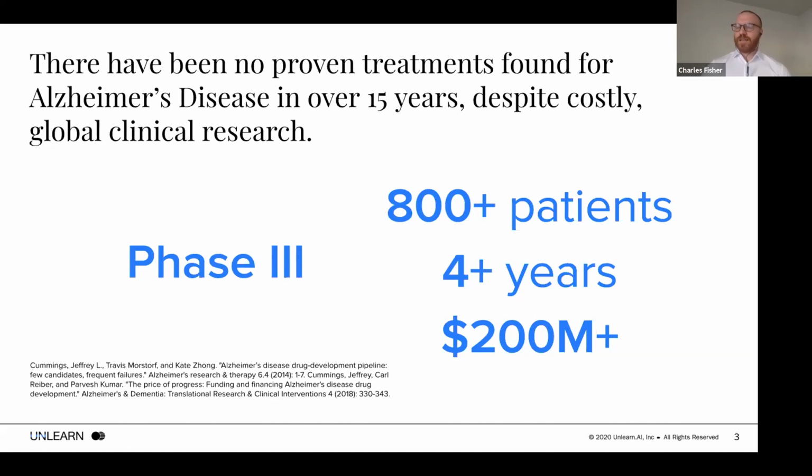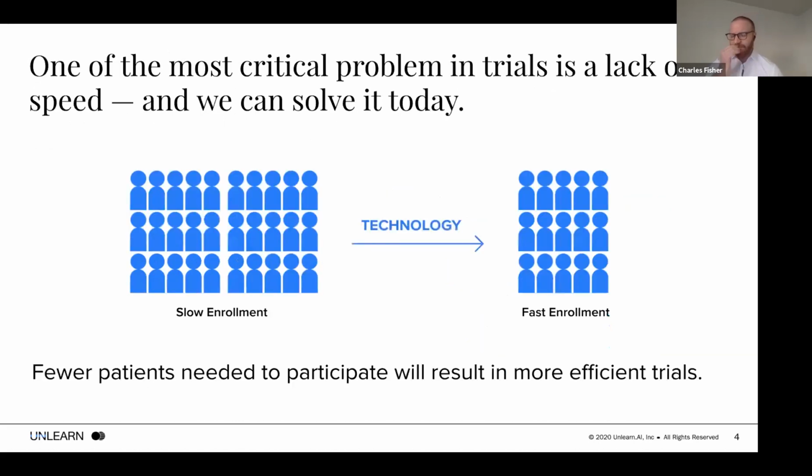But this really highlights an unmet need for a way to do things differently, to develop drugs better and faster for these types of complex disorders like Alzheimer's. We mentioned before that there's a bottleneck, and that bottleneck is finding patients. This leads to slow clinical trials that take a very long time. And this is a problem that we can solve today.